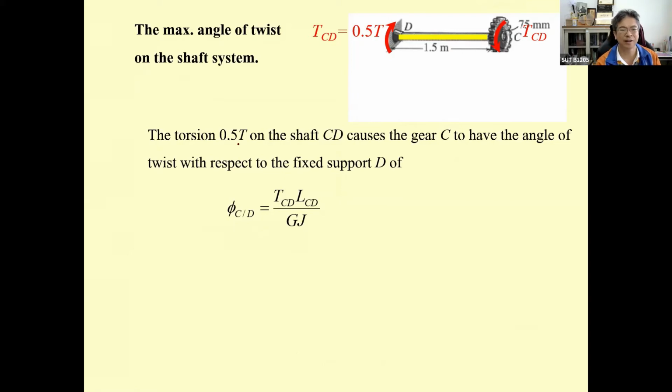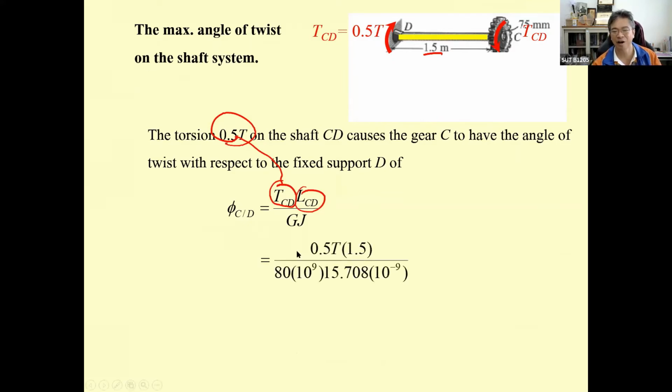This is 0.5, and the length is 1.5, and GJ is constant. So just put everything together. For this twisting, we get 5.968 × 10^-4. That is the angle of twist that occurs in this one.